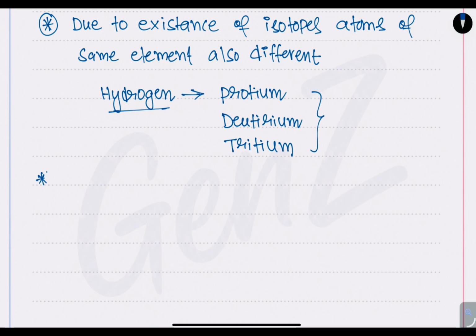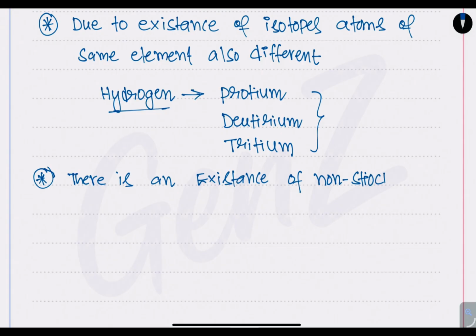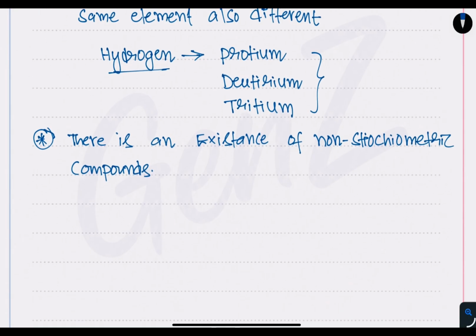Next, the third postulate says that atoms combining with atoms of another element form the simplest ratio. But there is an existence of non-stoichiometric compounds, which do not have the simplest ratio.